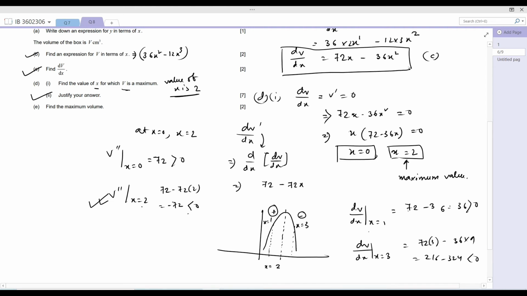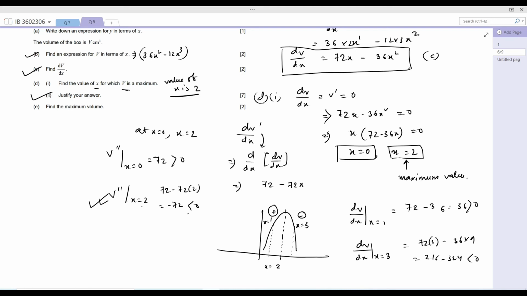Again I am recapping: find the value of x for which V is maximum. We have the first derivative; setting it to 0 gives two critical points, x equals 0 and x equals 2. To find which point gives the maximum value, we check the double derivative.